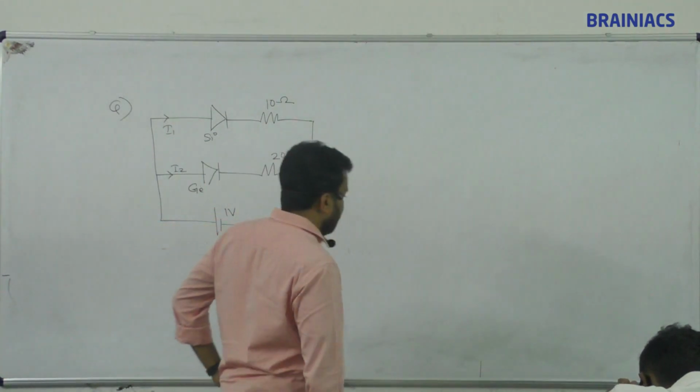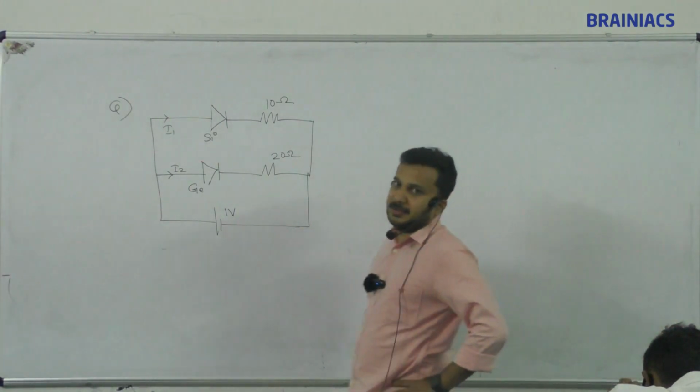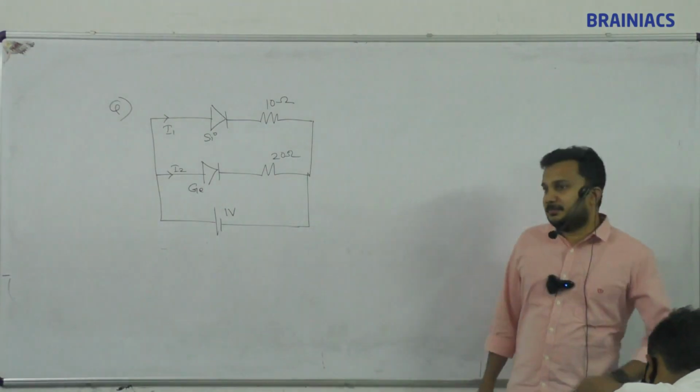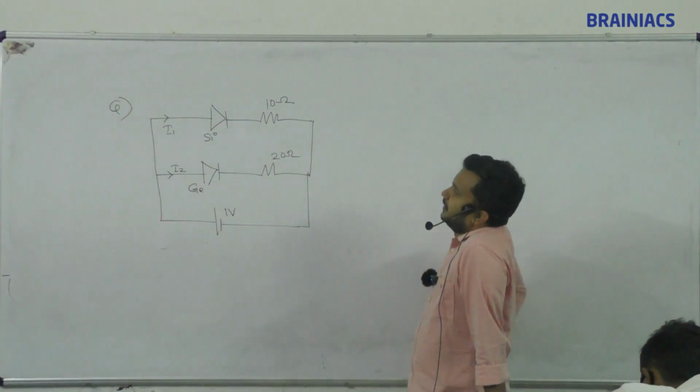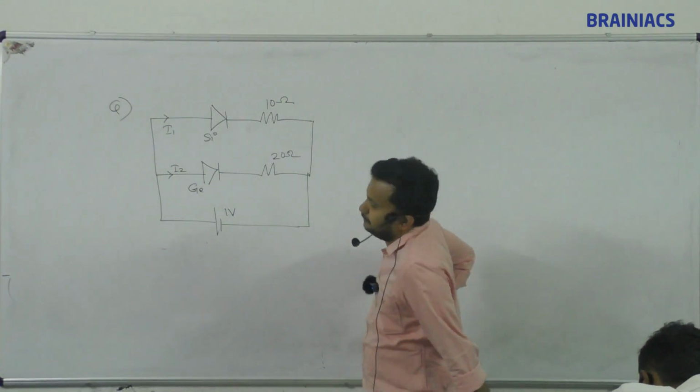One is a silicon diode, another one is a germanium diode. Okay, so 10 ohm, 20 ohm, I1, I2, 1 volt.